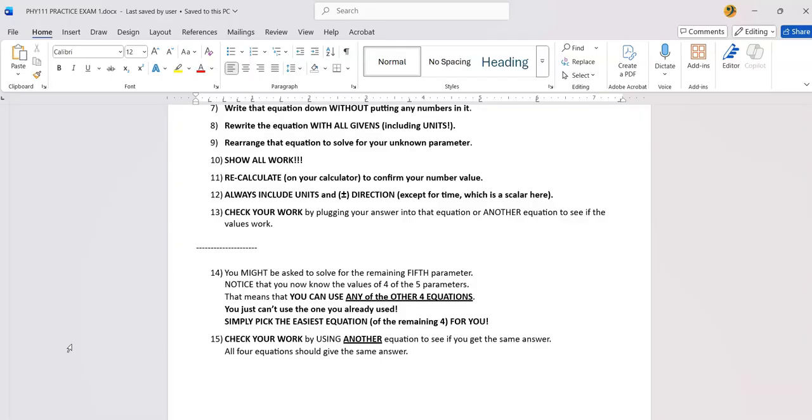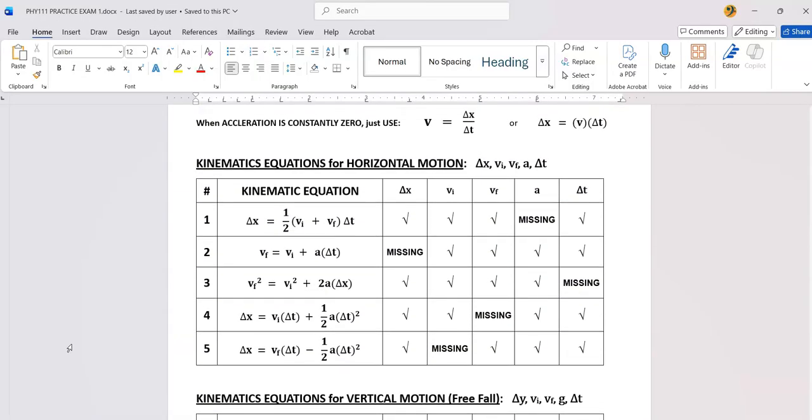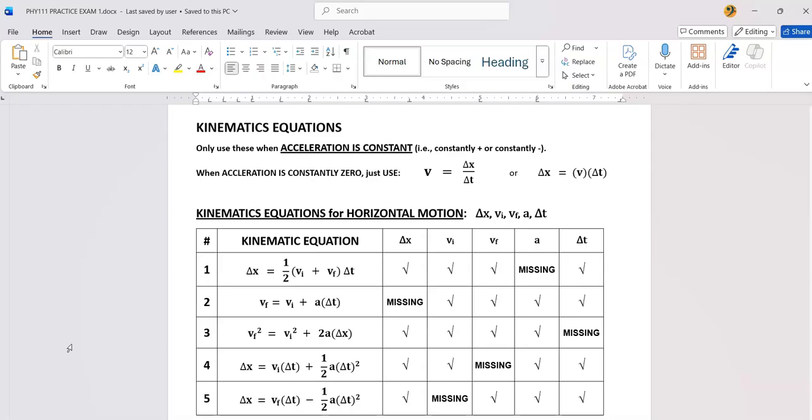But remember, this is only if you're dealing with standard kinematic problems. If the problem, as I mentioned in the beginning, is a problem where the rate is constant, the velocity is constant, the speed is constant in one direction, it means the acceleration is 0, and don't use these equations.